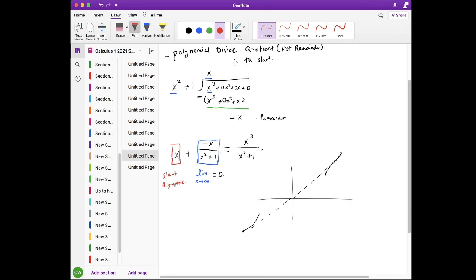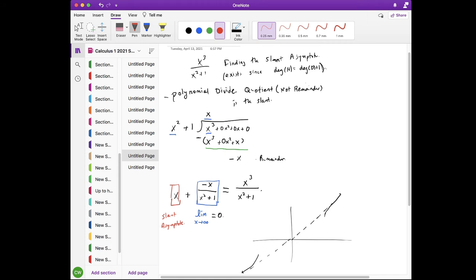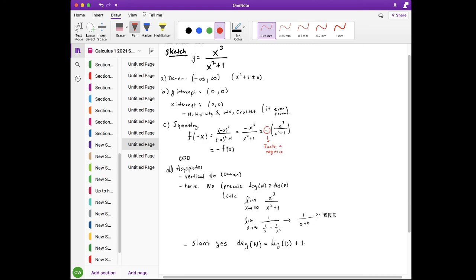Okay, any questions about that? So slant asymptotes exist for rational functions at least when the degree of the numerator is equal to the degree of the denominator plus 1. Okay. What's next? So that takes care of asymptotes.